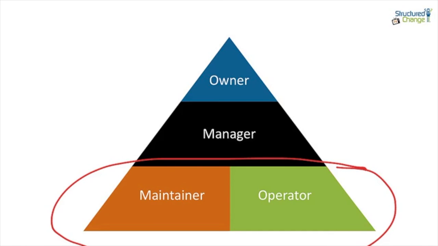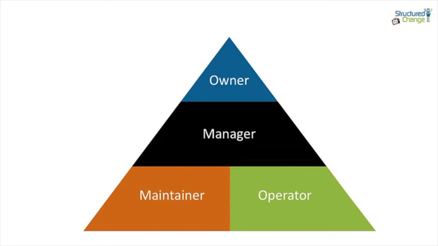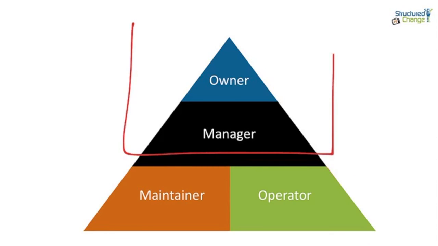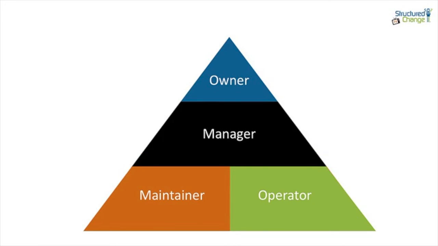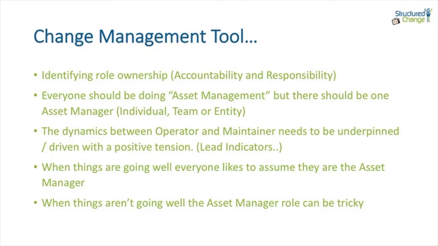But it is important to understand that different combinations of these relationships exist contractually and through circumstance. So understanding who is who in relation to this diagram will help you as a change agent understand the tensions that are driving behaviours as well as the value.